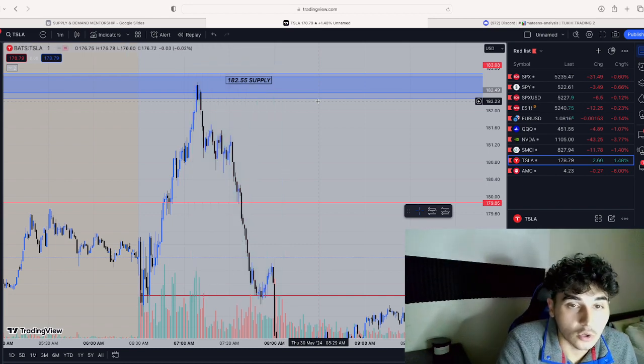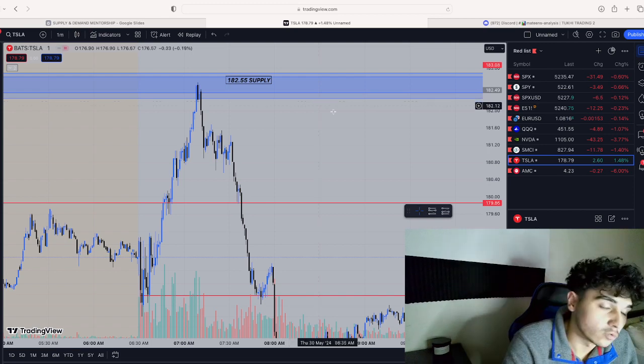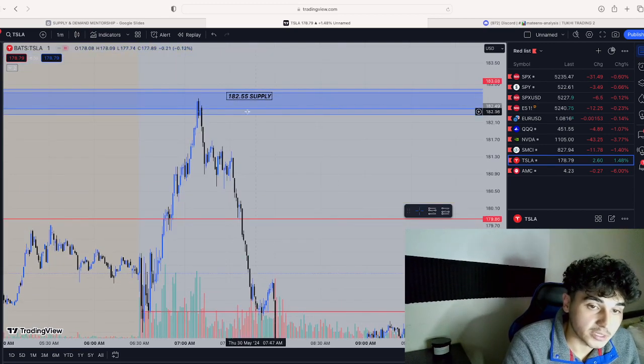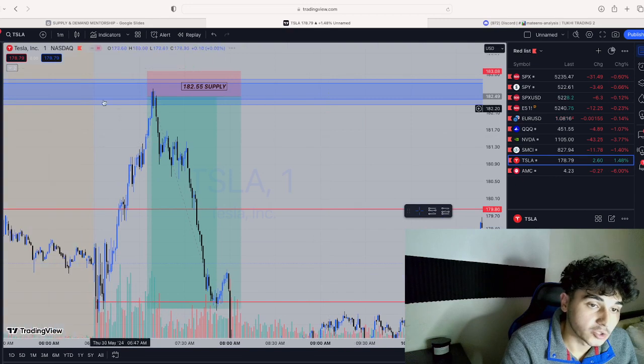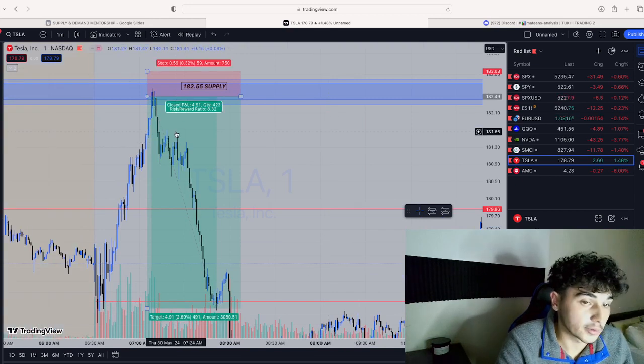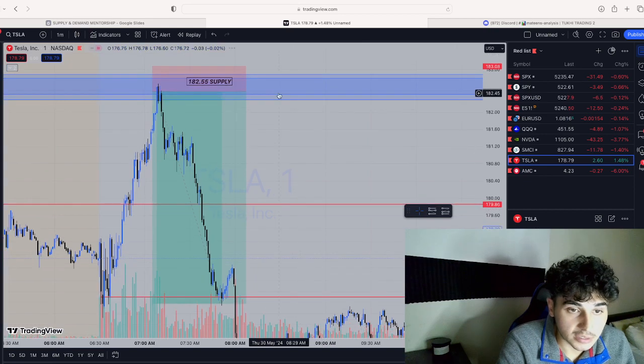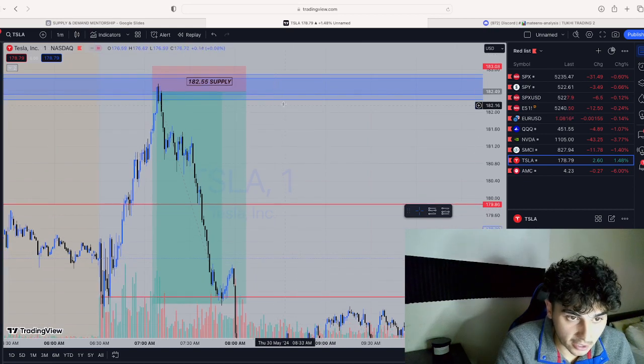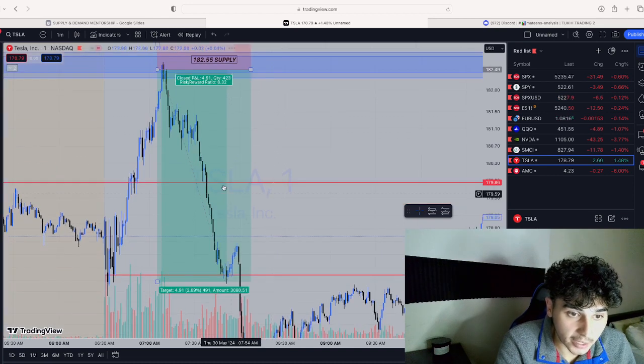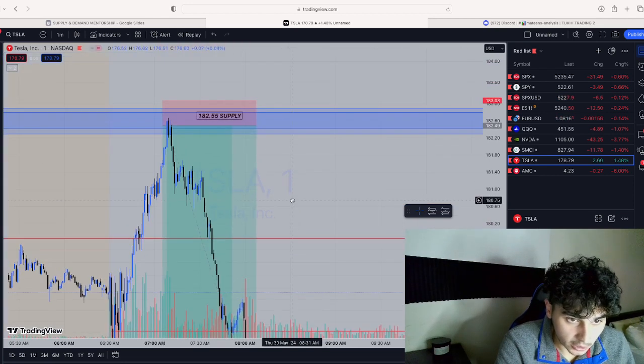So as we went over on the slide, we saw that areas of supply are going to be areas on the charts where there is going to be strong / excessive selling. Now you can see here, once price hit our supply, what do we see? We see a strong push to the downside, very strong push, right?